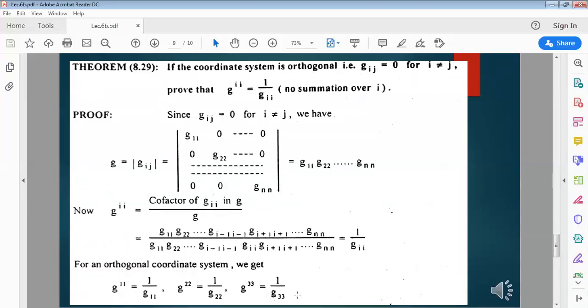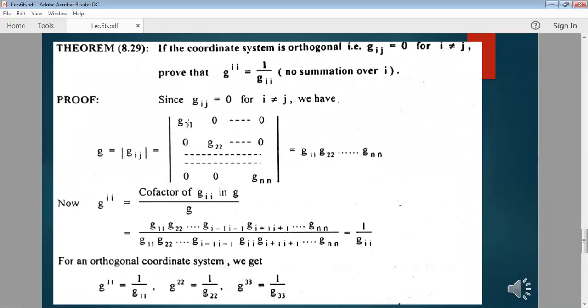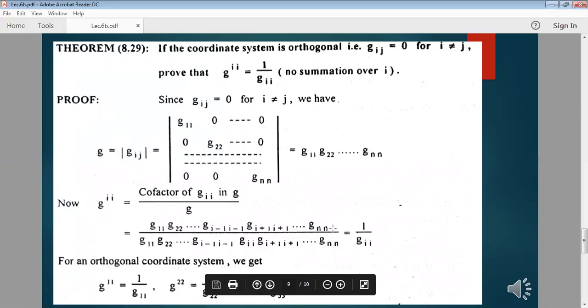Now we prove: since Gij is equal to 0 for i not equal to j, we have by definition of inverse, G is equal to the determinant of Gij, which is G11, 0, 0, G22, and so on, meaning we have only diagonal elements. So when we expand this term, this will become G11 G22 up to Gnn, all these diagonal entries multiplied. Now Gii is equal to the cofactor of Gii in G over the determinant. The cofactors of Gii in G are G11, G22, up to Gi minus 1, Gi plus 1, and up to Gnn.